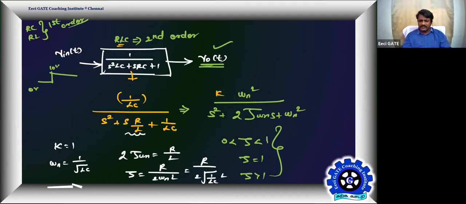If L is taken inside the root, it becomes L square and will cancel 1 L, so it becomes root L by C in the denominator. Instead of root L by C in the denominator, you can also write it as root C by L, so it is R by 2 into root C by L. Getting everyone?